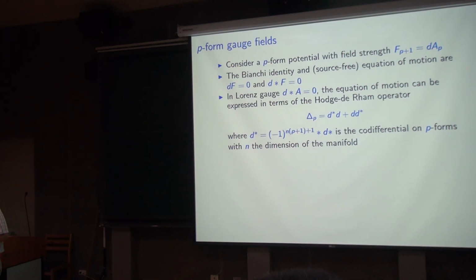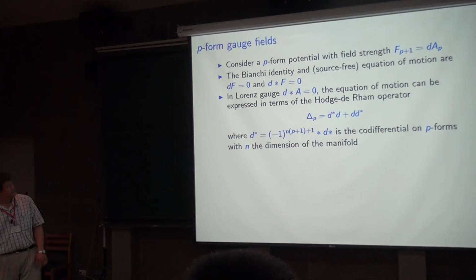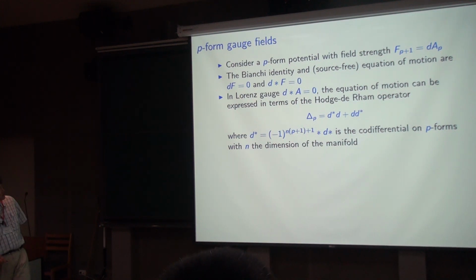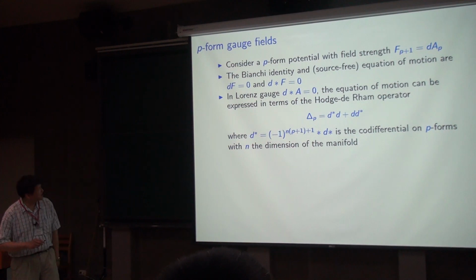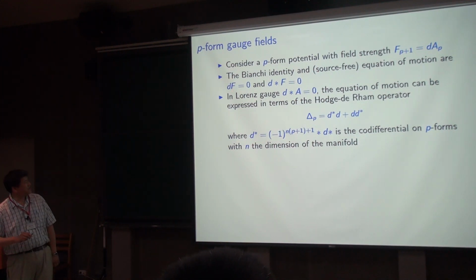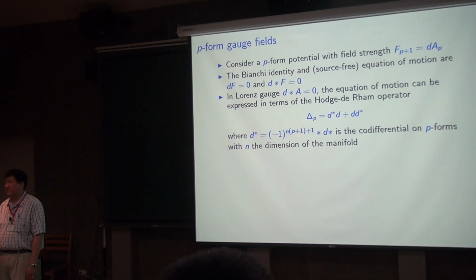You can do a similar analysis for p-form gauge fields. Here it's a little bit more complicated. But a natural thing to realize is if I have F equals dA, the standard equation of motion is d star F equals 0. There's a Bianchi identity, dF equals 0, and the equation of motion d star F equals 0.